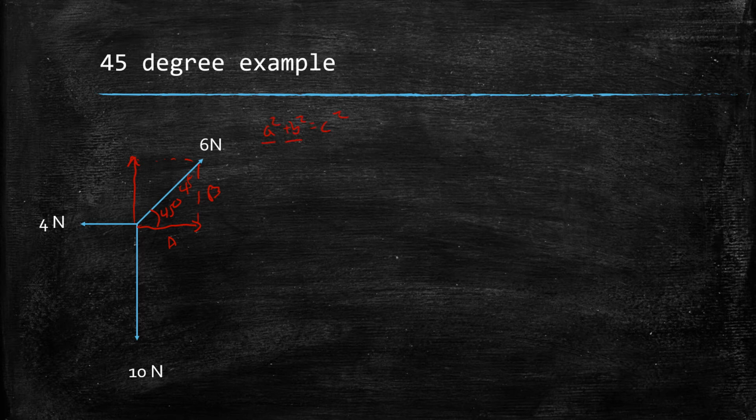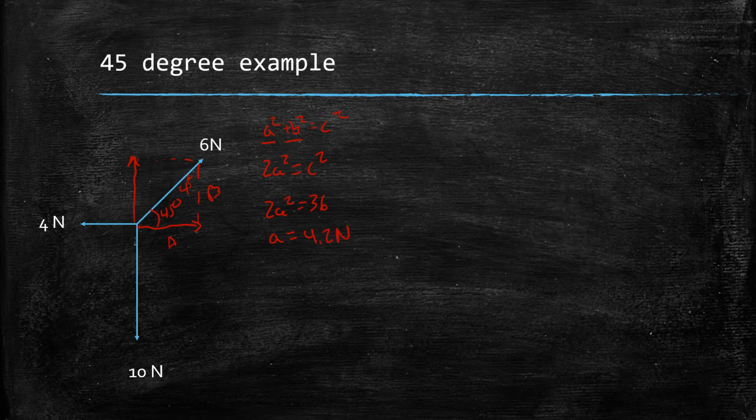Since A and B are the same, 2A squared equals C squared. C is 6, so 6 squared is 36, which equals 2A squared. So A is the square root of 18, which is 4.2 Newtons.